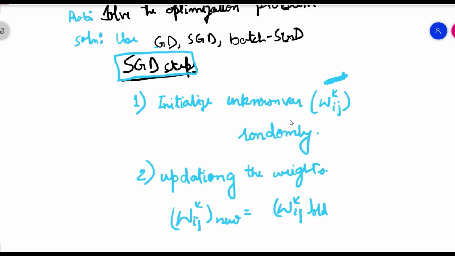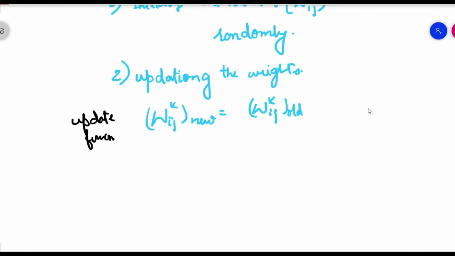So we are first trying to define our update function, and then I will explain how the update works once again, because I've already explained it in the single neuron training video.